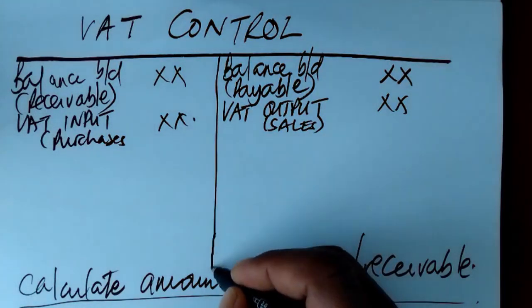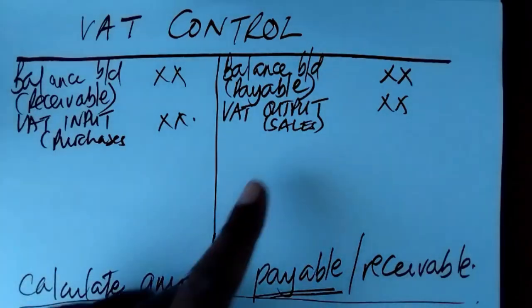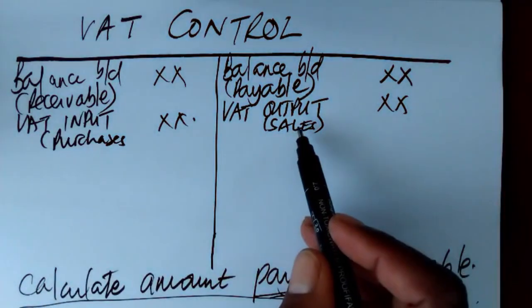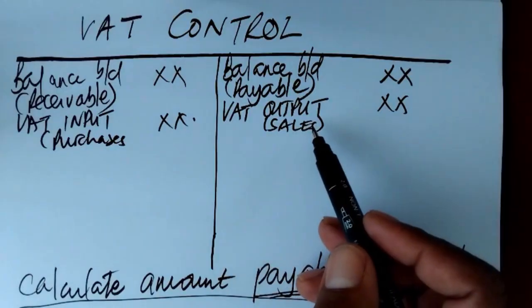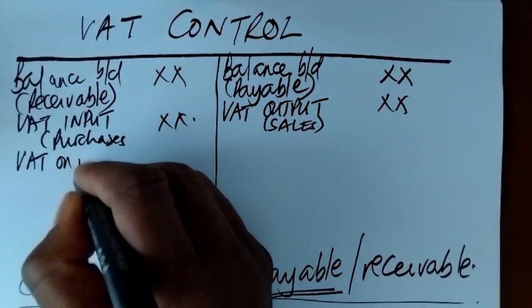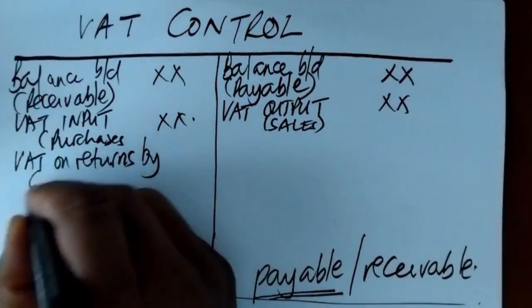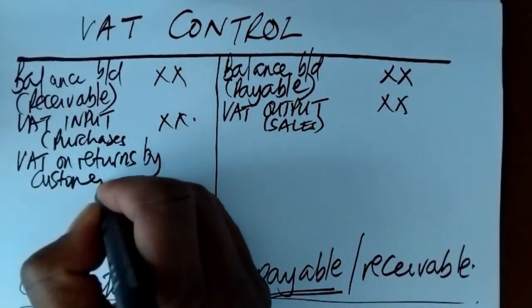So I'm going to start with returns. A customer can return goods to you, which is returns by customers, or you can return goods to your supplier. If your customer returns to you, it affects your sales, and returns by customers will obviously reduce your sales. So this side here, you leave VAT on returns by customers, this side.